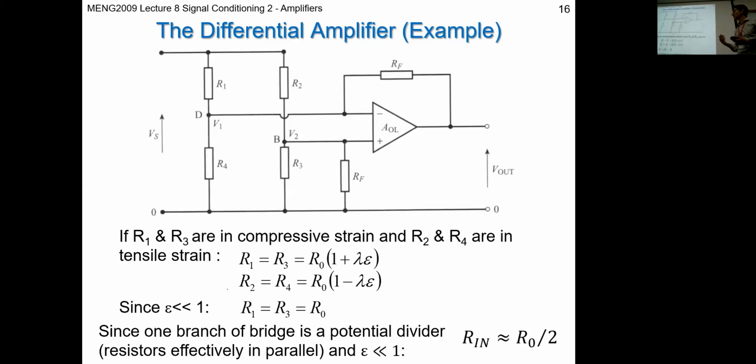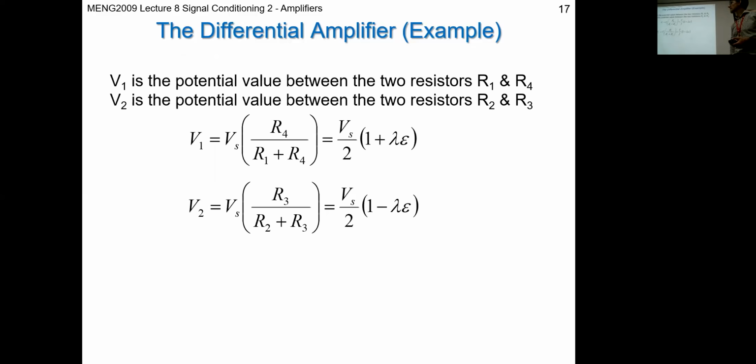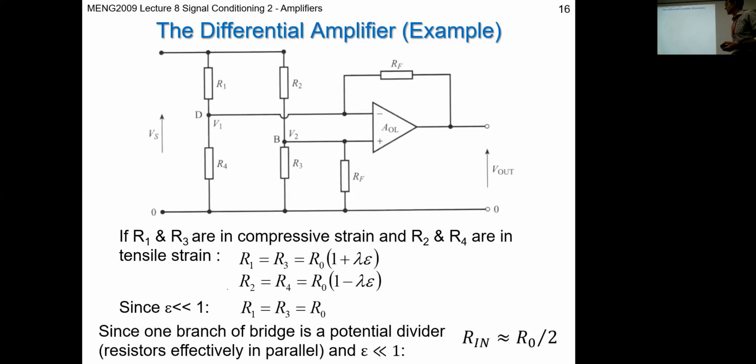Since your strain is much less than 1, the input resistance is our base resistance divided by 2.